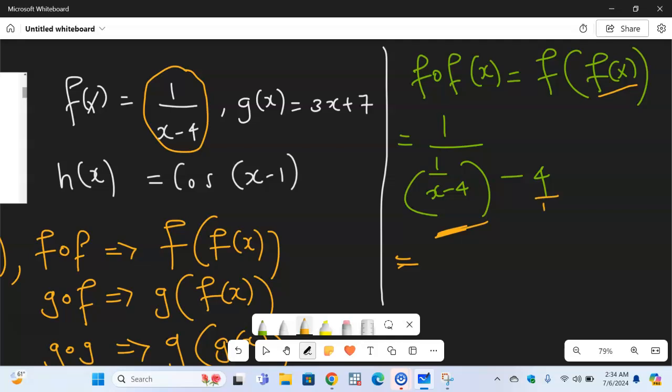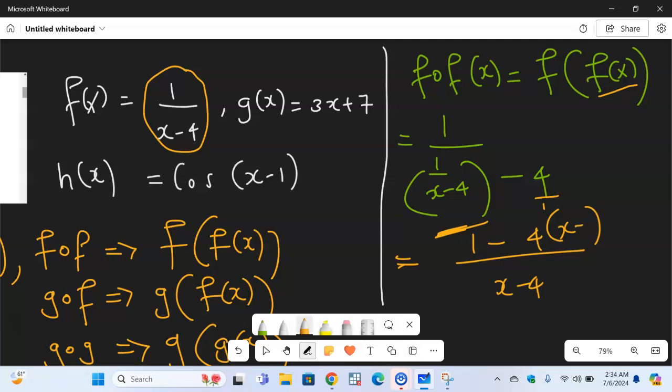So the LCM here is x minus 4. This is 1 minus 4 into x minus 4. Sorry, let me just write clearly.